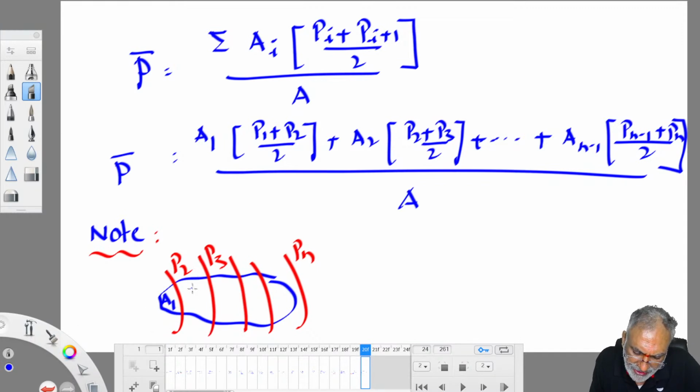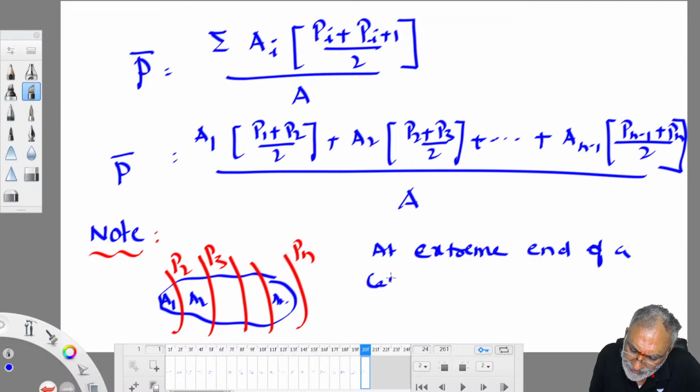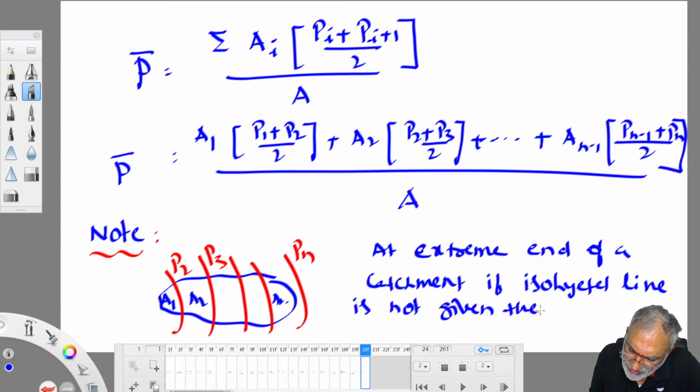At the extreme end of a catchment, if an isohyetal line is not given, then in that portion the rainfall is taken as the nearest isohyetal value.